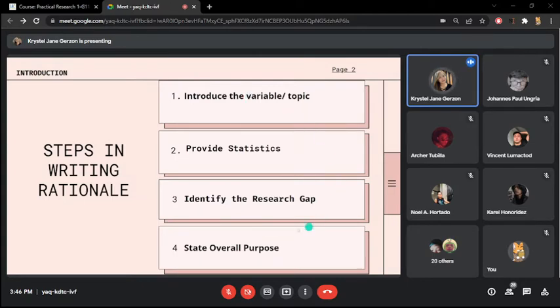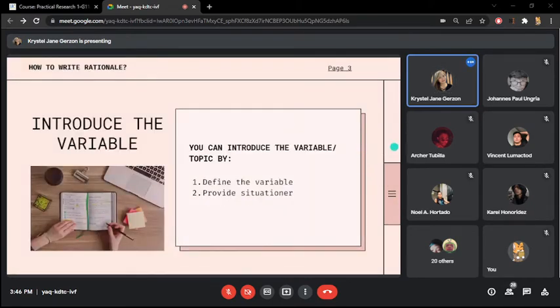So you have to really identify and tell us in your rationale what the gap is in other studies, what is missing in other studies, so that you are filling it up using your research. Then lastly, state your overall purpose.